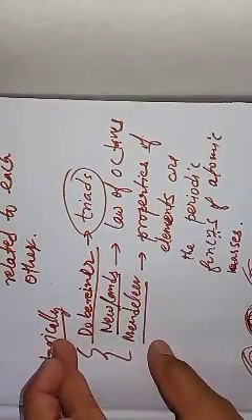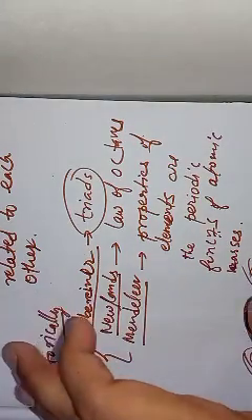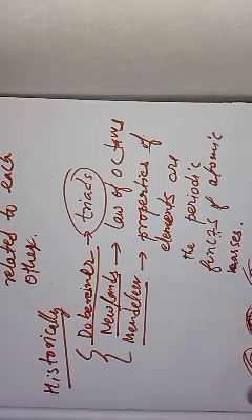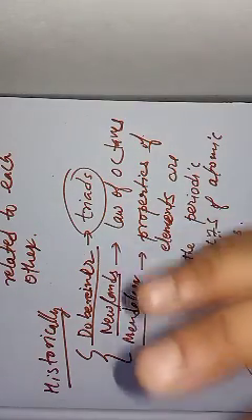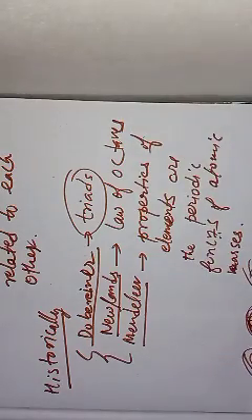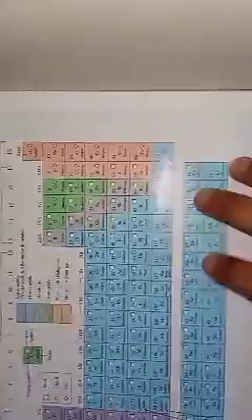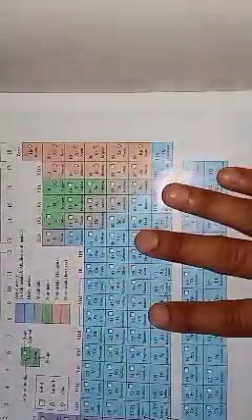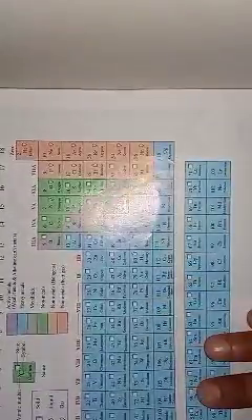So these were the forerunners, the first scientists who tried to make a proper periodic table. Although they had drawbacks and failures, they are the forefathers, the most important figures who tried their best to formulate a periodic table. Without them, it was literally impossible for us to have the modern periodic table, which I will be showing you, and inshallah I will be explaining it in the next video. This is the modern periodic table, which you will find in your book on page number 2.